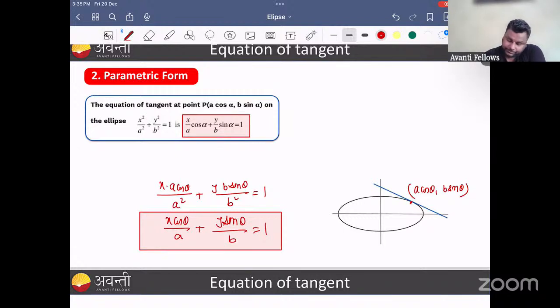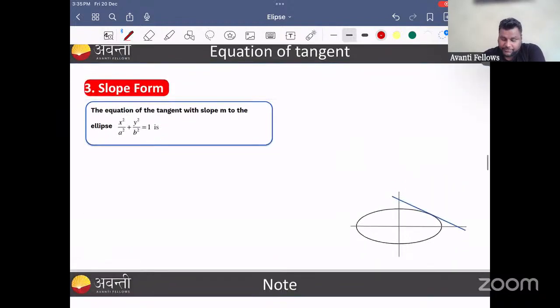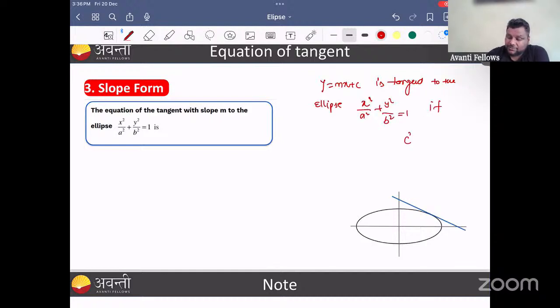Now, equation of tangent with slope m to this ellipse. If you remember, y equals mx plus c is tangent to the ellipse x square by a square plus y square upon b square equals 1 if c square equals a square m square plus b square.